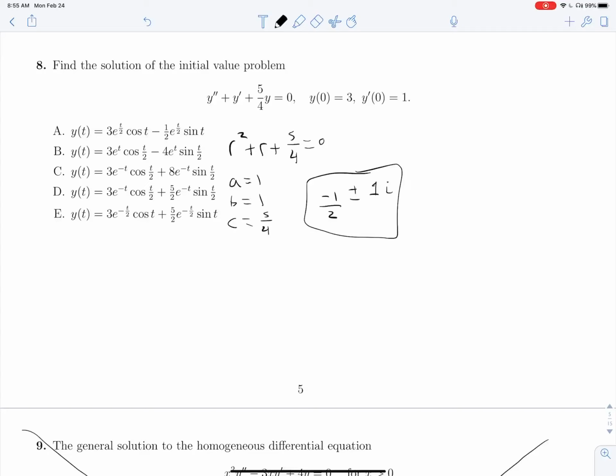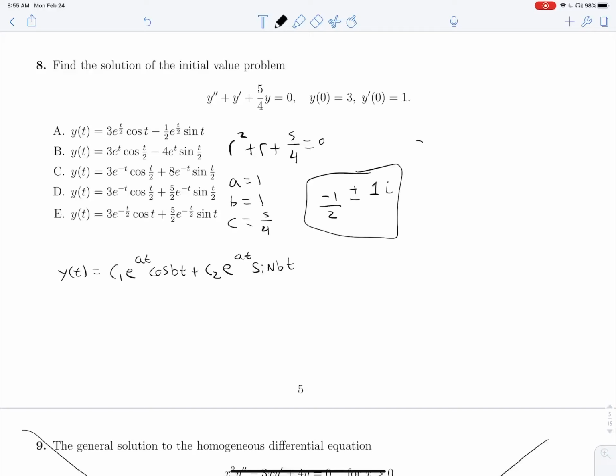So we know that we can set up our solution in the general form. y of t is equal to c1 e to the at cosine bt plus c2 e to the at sine bt.